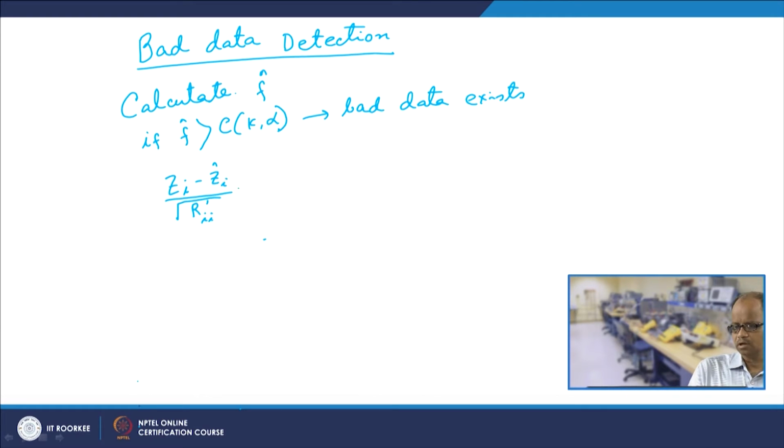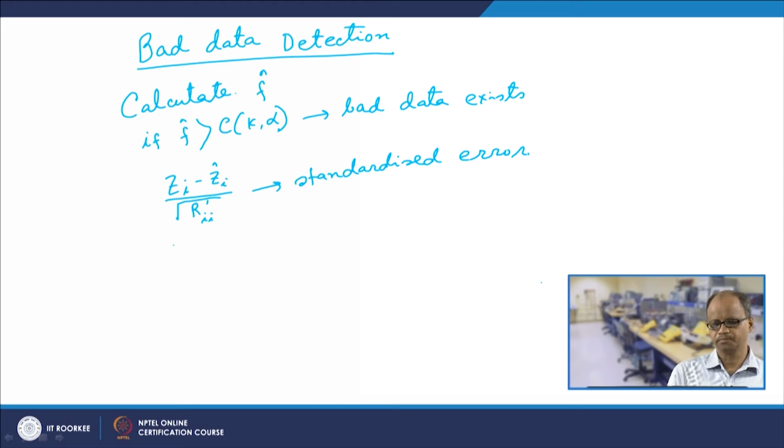We call it the standardized error, and then we said that whichever measurement has this error to be maximum in magnitude is taken to be a bad data, and then we simply discard it and then we again do it. Now, the question is what is the justification for calculating this?